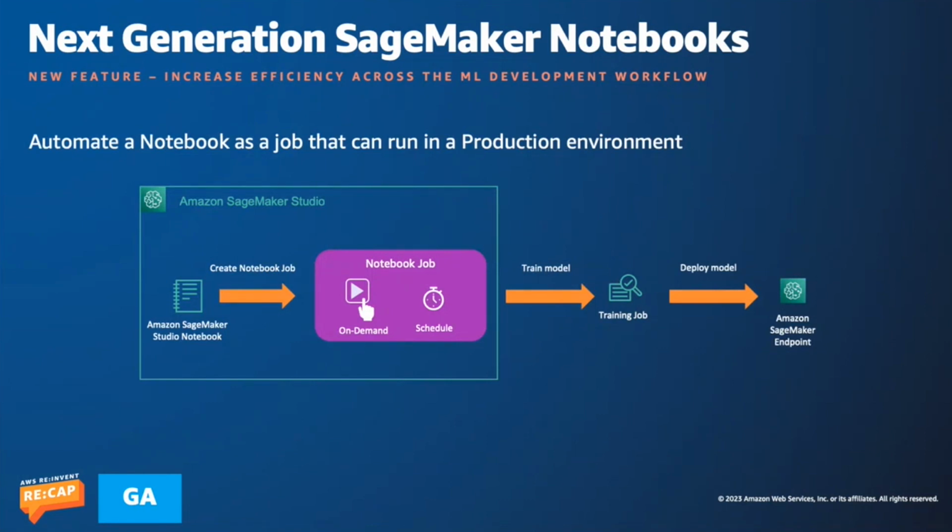One additional capability that was introduced is the ability to automatically convert notebook code to production-ready jobs. Now you can select a notebook and automate it as a job that can run in a production environment without the need to manage the underlying infrastructure. In other words, when you create a SageMaker notebook, SageMaker Studio takes a snapshot of the entire notebook and packages its dependencies in a container.